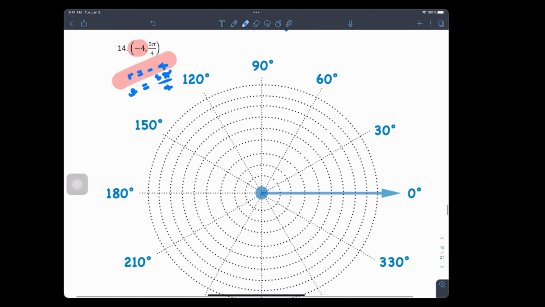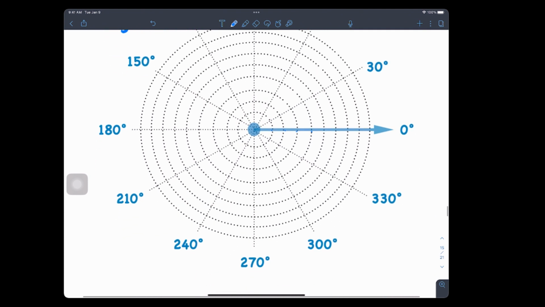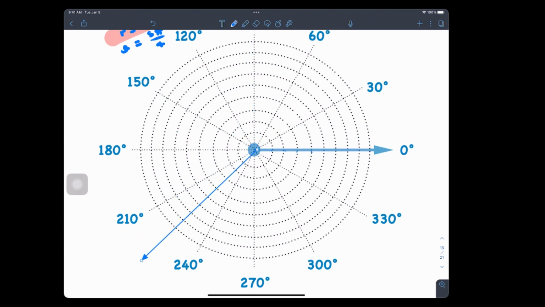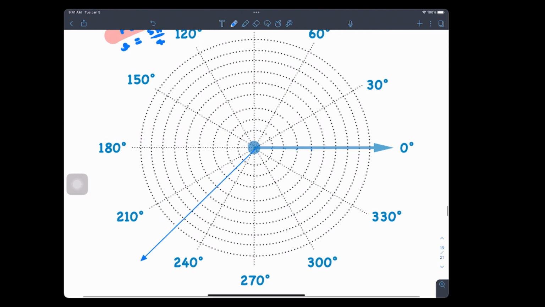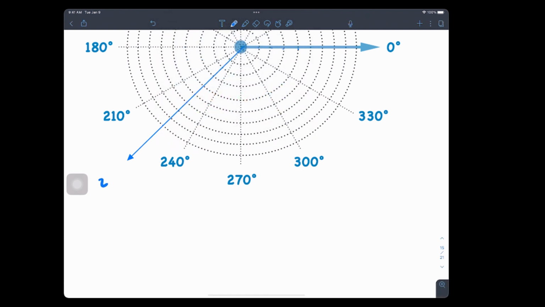So you say, do I plot 4? 1, 2, 3, 4, right? Where is 225? Do you guys know where 225 degrees would be? Let's rotate our ray. Isn't it between right here, 210 and 240? This is 225 degrees. You guys okay with that?